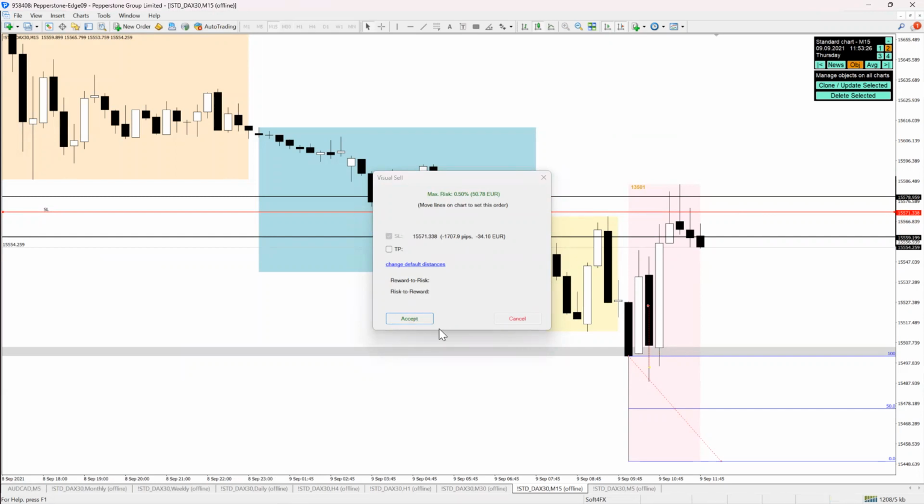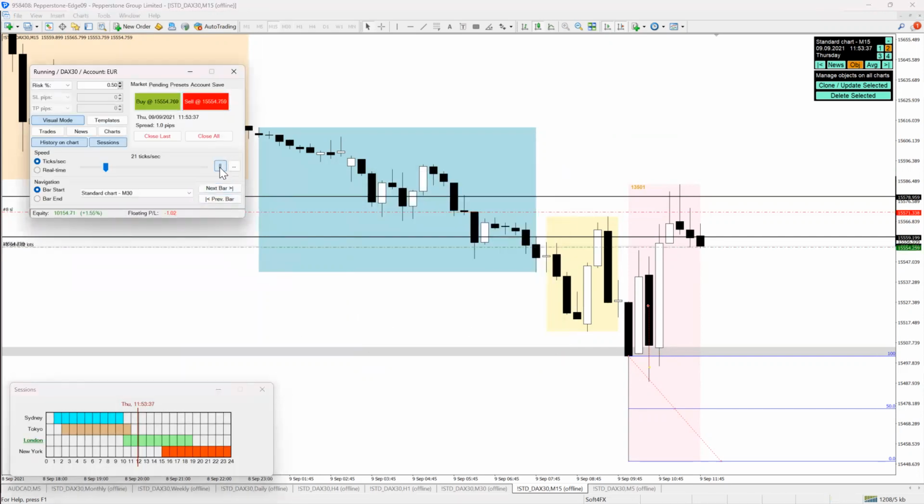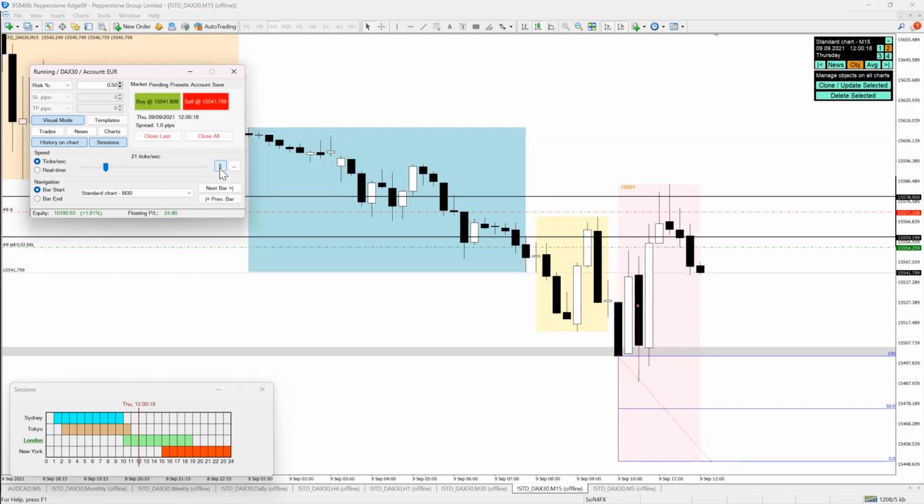And then let's see if we can fill some of this range. So risky area, this little bit here.